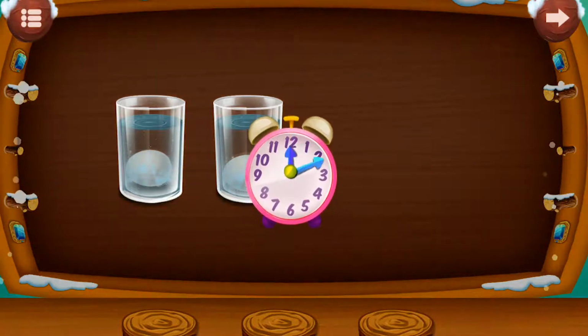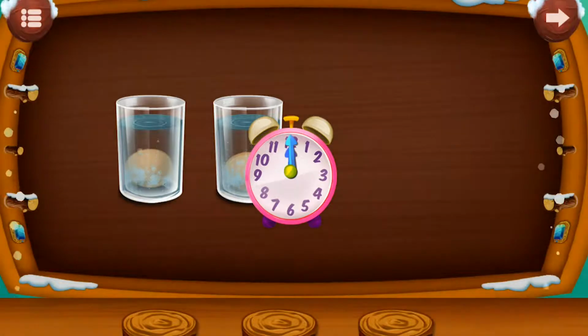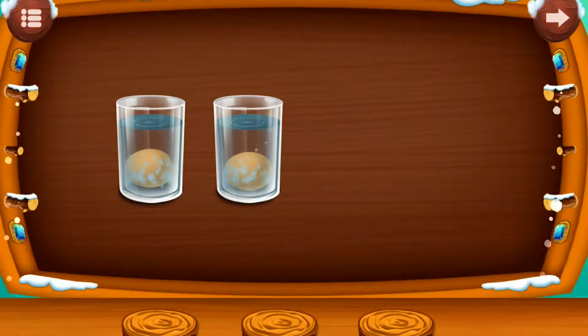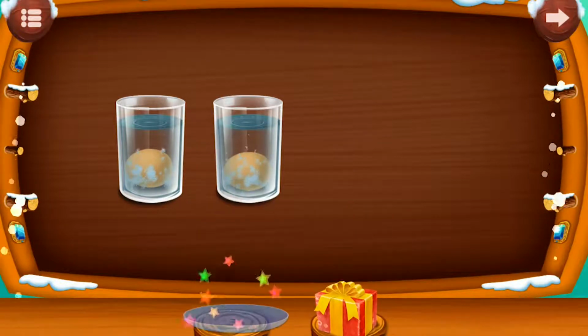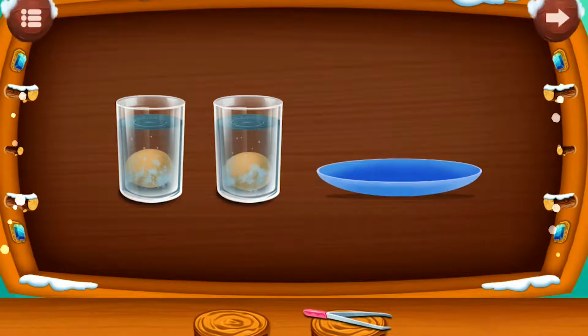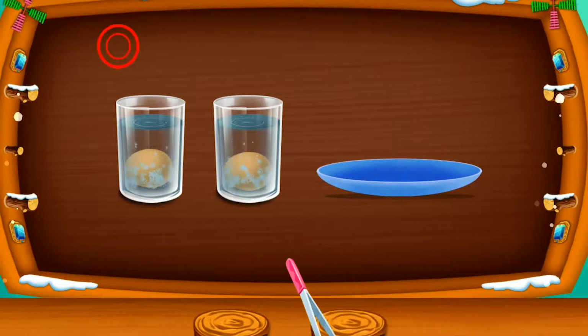Leave it for some time. Take a plate. Now, take out the eggs with the help of tweezer into dish.